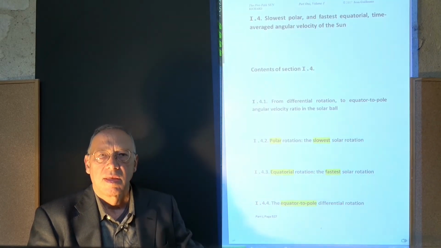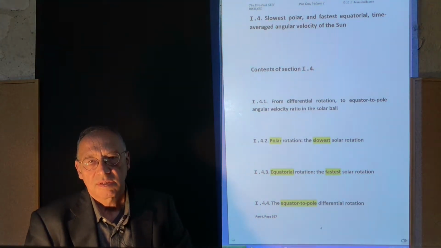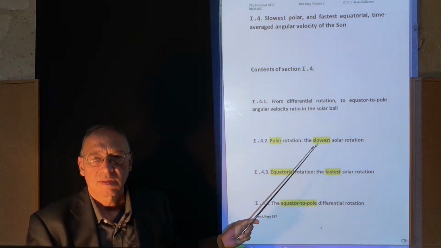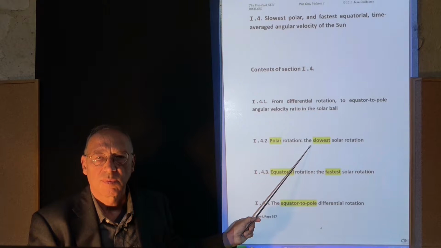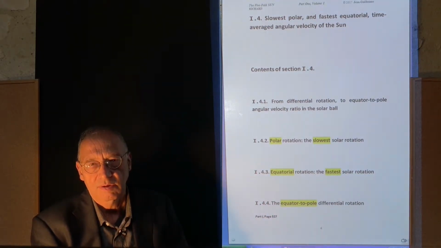So this explains why the issue of measuring rotation of the Sun in the polar regions has been a tricky issue. So we start nevertheless now with this issue, the polar rotation. Secondly, we'll see the equatorial rotation.